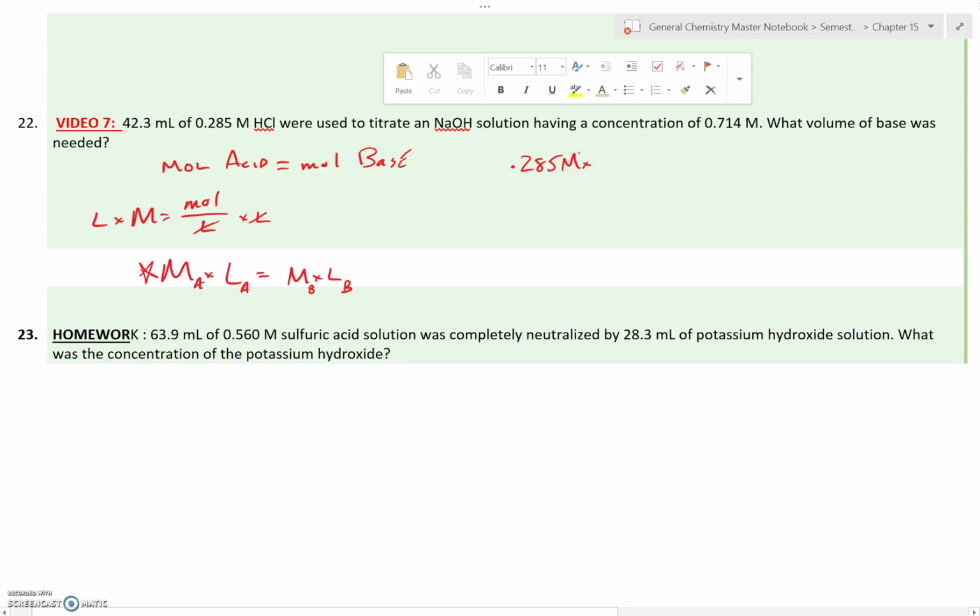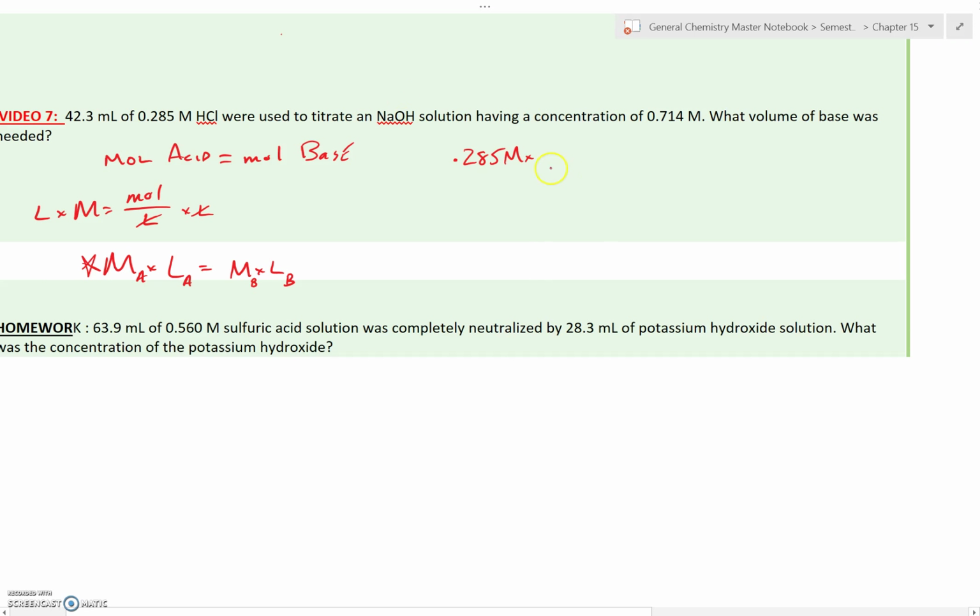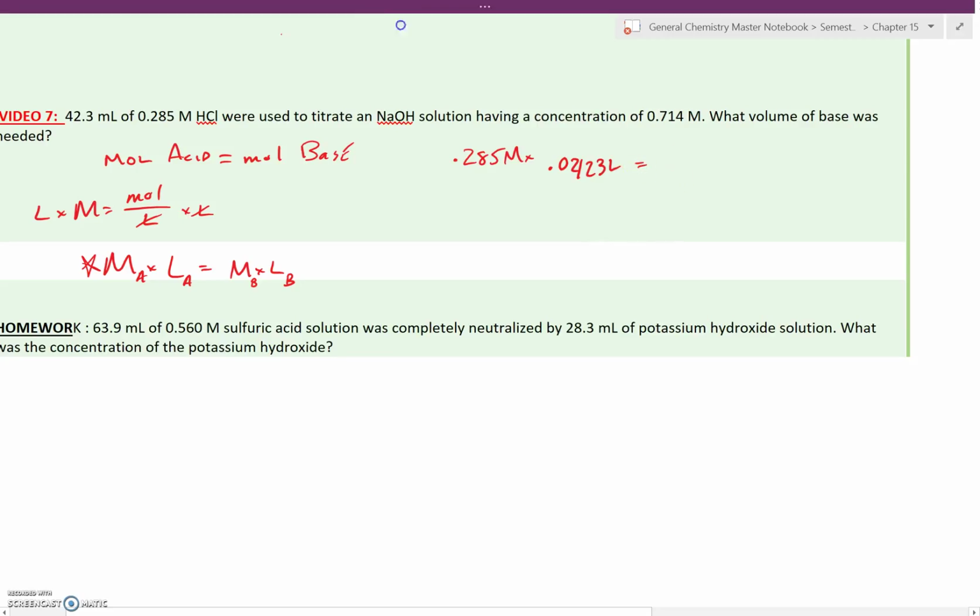However, remember, we do need to change it to liters. And so when we change it to liters, we just divide by 1,000. So when we divide by 1,000, we get a volume of 0.0423 liters. And we set that equal to our 0.714 molar base multiplied by the unknown volume of base.